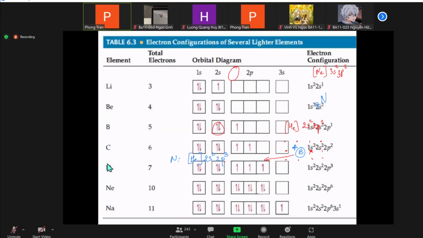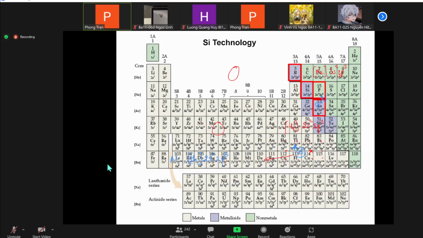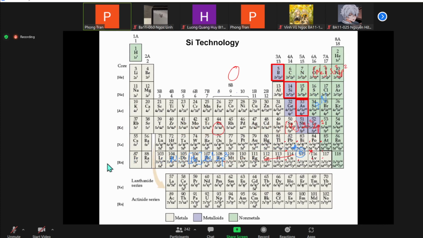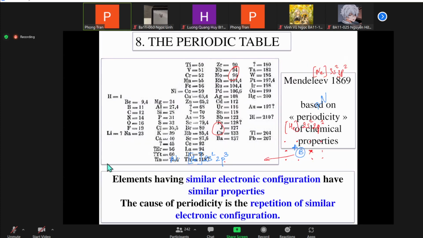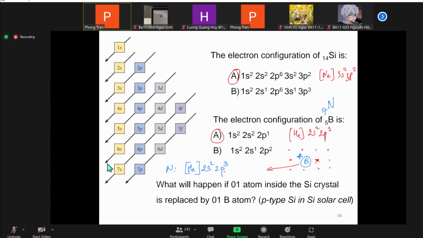So now, if you replace one silicon by one nitrogen, what will happen?